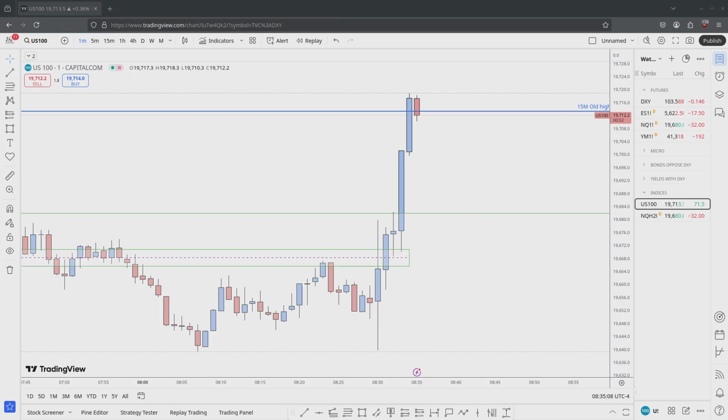It's not bad. Not bad at all. It leaves us with a drawdown of 162.50. Yeah, it's about 500. More than 500 on the drawdown.